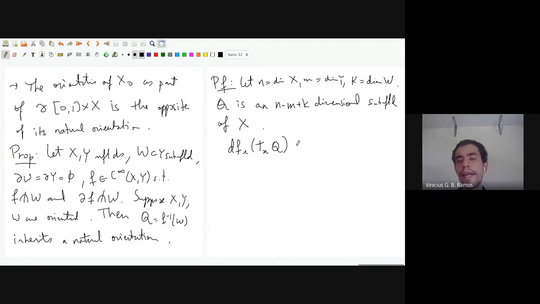Well, this is going to have to be contained in T_f(x) W, because F takes Q to W. So when you linearize it on the tangent space of Q, it has to fall into the tangent space of W. So it's something I didn't say last time, but it's obvious from the definition.